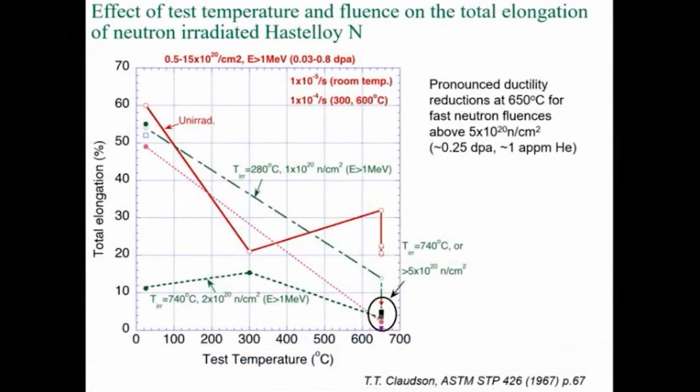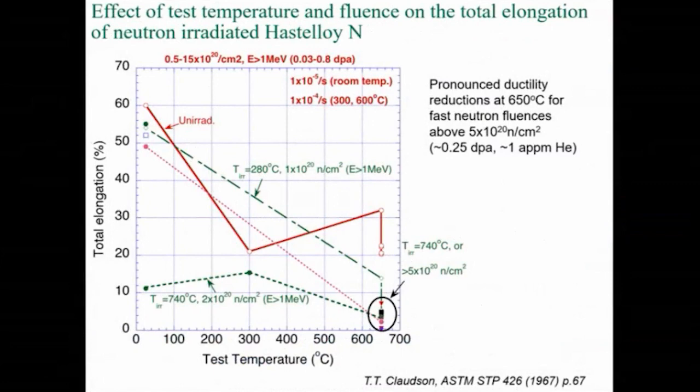Just showing some more results for neutron irradiated Hastelloy N, various fluences. I've included the DPA level, but I just want to emphasize again, DPA is not really the primary correlation parameter. It's really the amount of helium that gets generated in the material. Take that material after it's been irradiated, test it.